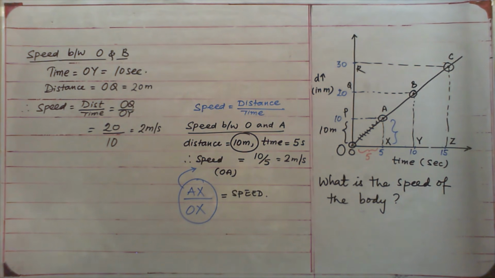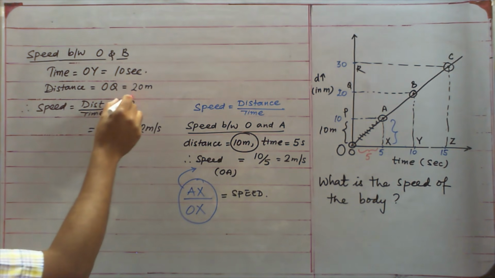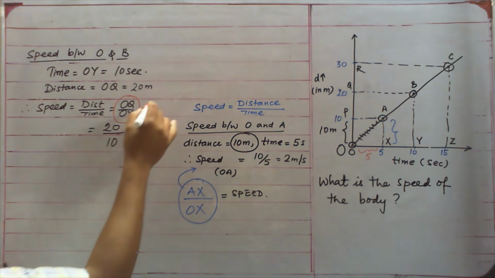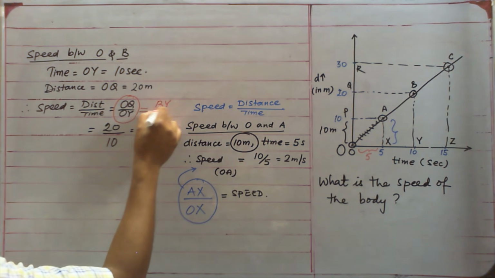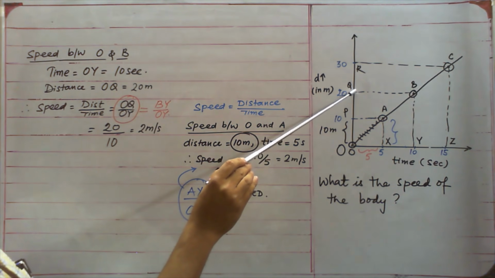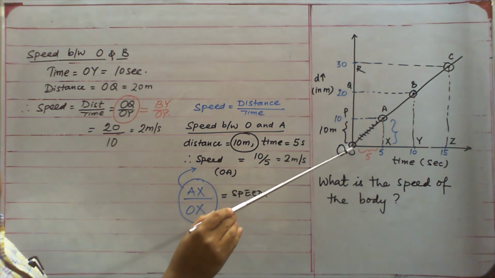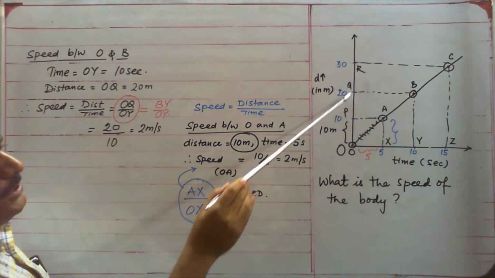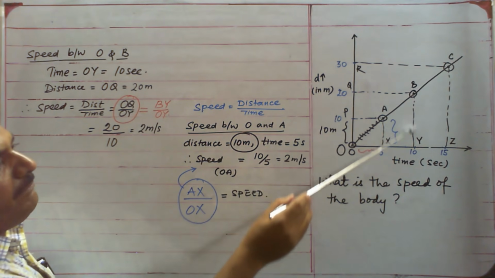Now instead of writing OQ by OY, this can also be written as BY by OY. Please look at the graph again. This OQ is parallel to BY. Therefore, instead of OQ, we can write BY also.